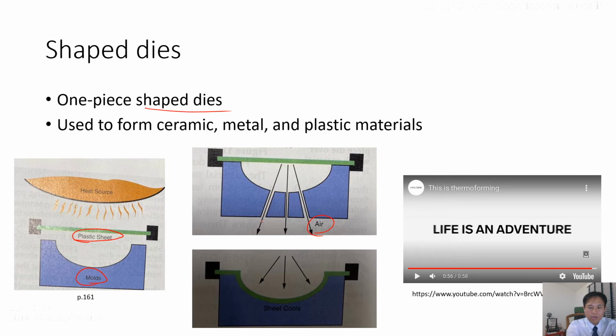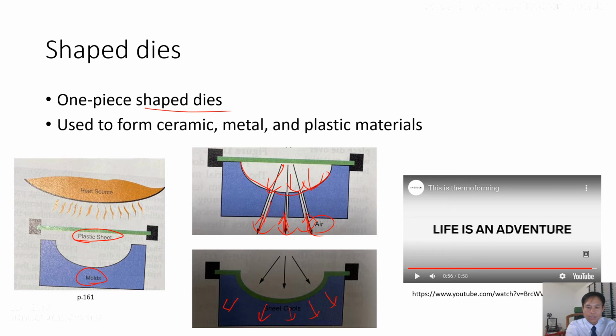Using the vacuum, we suck the air out, and then the sheet goes inside the mold. So the outer side has atmospheric pressure, the inside is low pressure, so it makes the sheet stick to this mold. That is the example of the shaped die method.